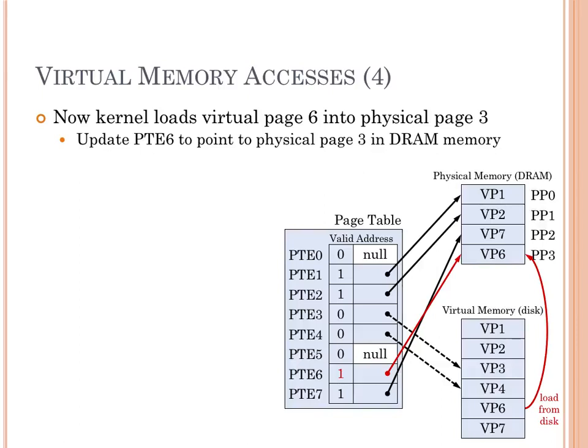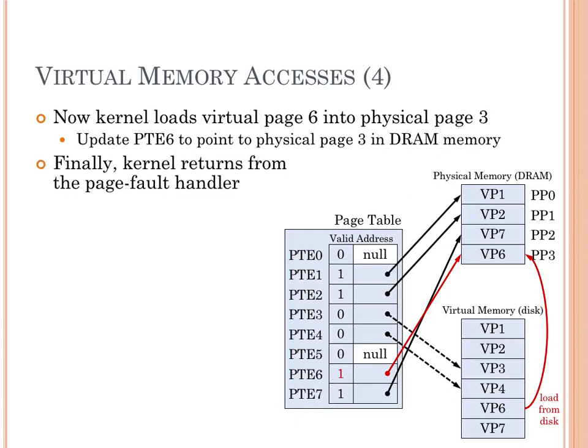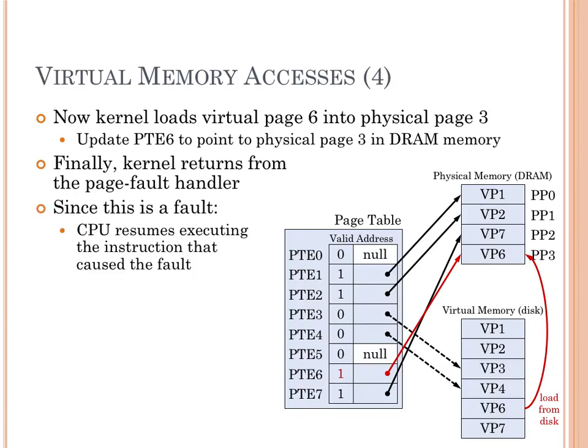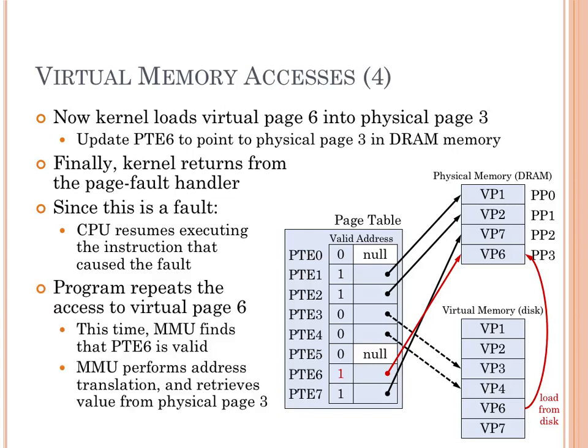And then it can update the page table entry so that the valid bit is 1, and the entry actually says this is the page frame that it's in. Okay? So then it will return from the fault handler. Instruction is tried again. So the MMU gets alerted again. Hey, MMU, we need to do an address translation. So it goes and looks at virtual page 6. Hey, the valid bit is 1. So it does the address translation, and off we go. Okay, any questions? This is a page fault. This is page fault resolution.